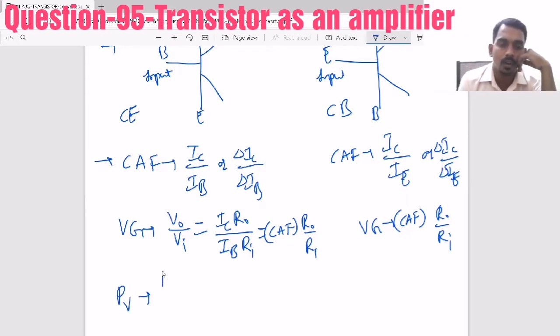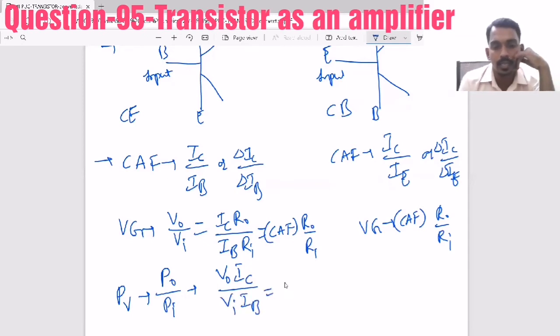Similarly, power gain. Power gain means output power by input power. Output power is V0 into output current IC, by Vi into IB. That means again current amplification factor into voltage gain, which is current amplification factor into R0 by Ri.